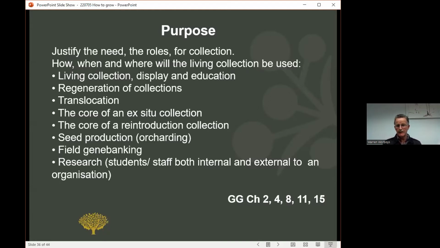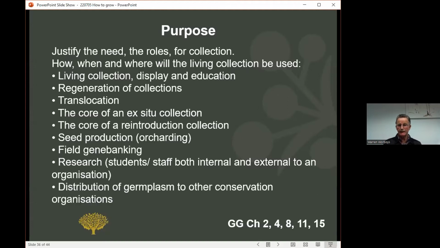So the ex situ collections help prevent or minimise the impacts of researchers going out into the field. And distribution of germplasm for other conservation organisations. It could be sharing plant material as a meta collection, or it could be conservation work that's being done by other institutes.